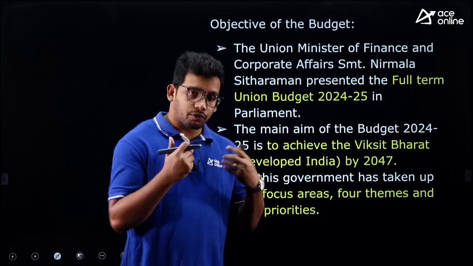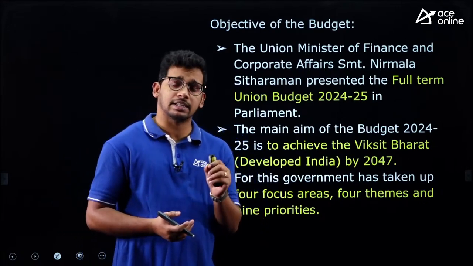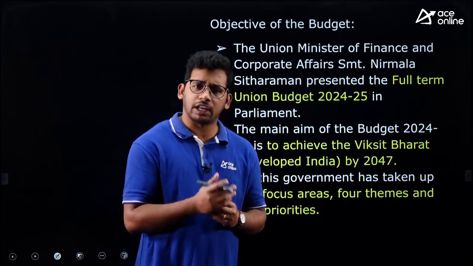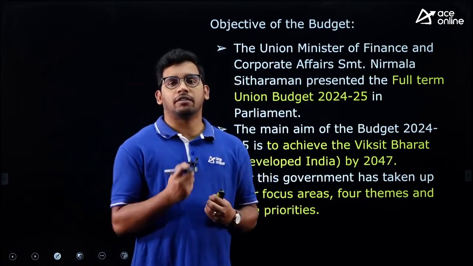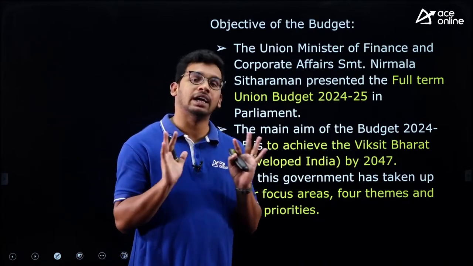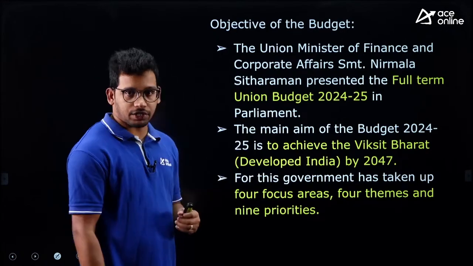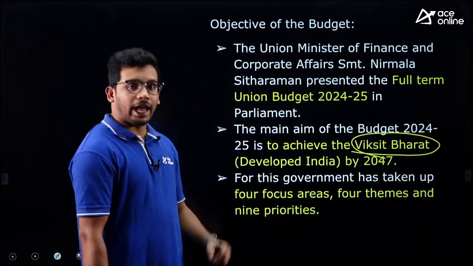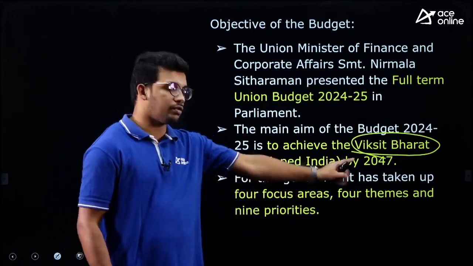Even though we got independence more than 70-75 years ago, there are still a lot of challenges including poverty, gender inequality and health. To achieve developed nation status we need to develop in all the indices. With this objective, it is called Viksit Bharat. So the aim of this budget is to make India a developed nation by 2047.